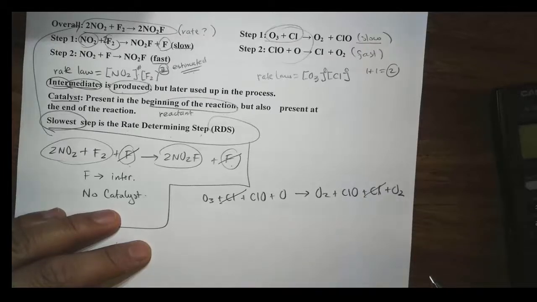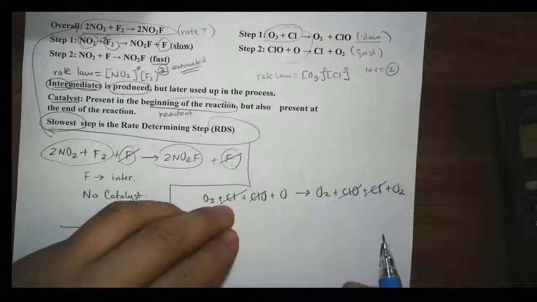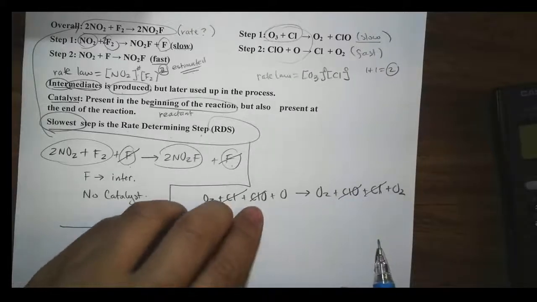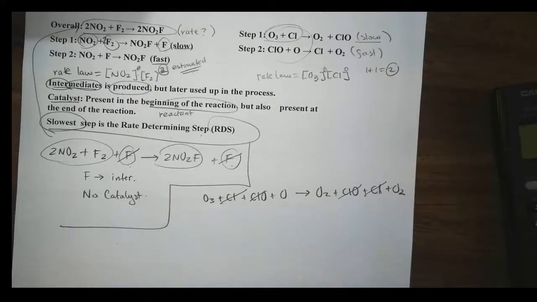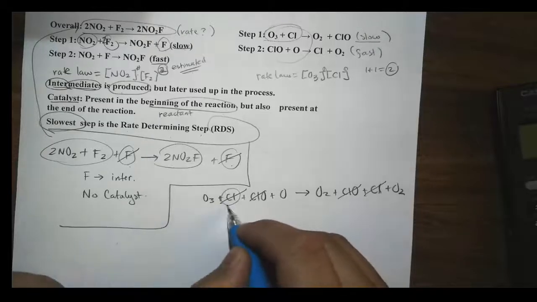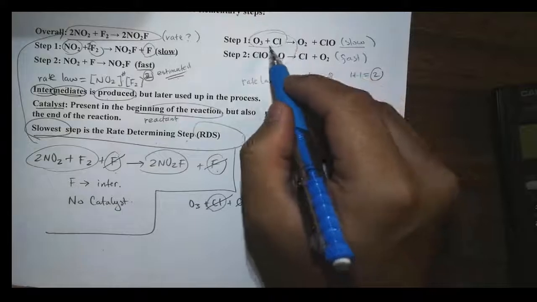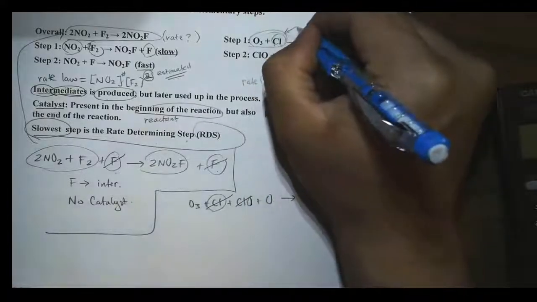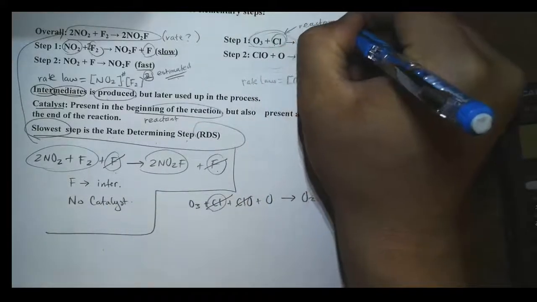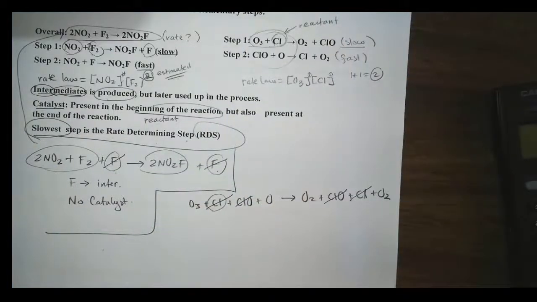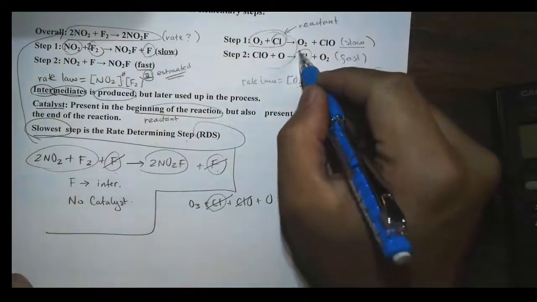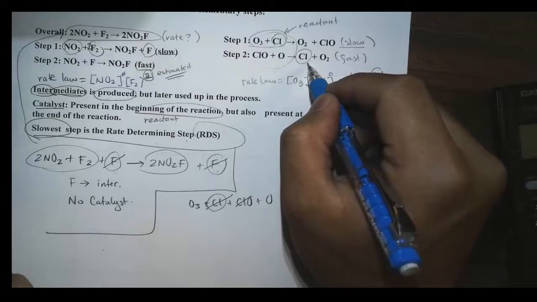We also notice, what else? This gets canceled. So if we look at this one, how do we know if it's an intermediate rather than a catalyst? Well, let's look at Cl. Cl is right here, so it's being introduced as a reactant, okay? So that's a good chance it's going to be a catalyst. And it's also present in the product.